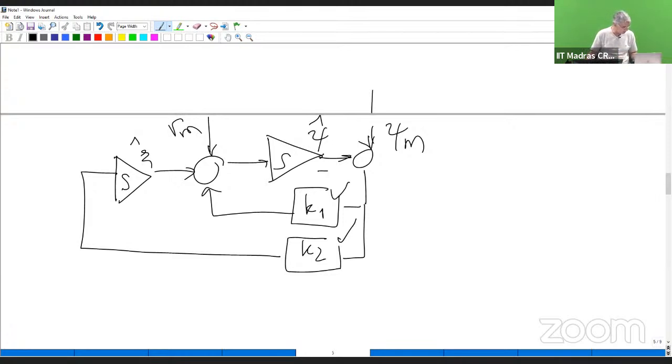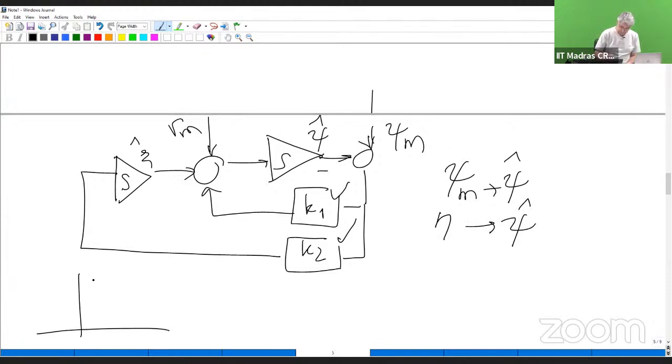So it's not terribly complicated. If you compute the transfer functions from psi m to psi hat, and then from the integral of r, which I'm going to call eta, to psi hat, you still get something similar. Now they are second order equations, but they will give you something like this.